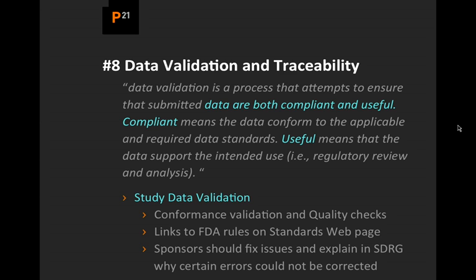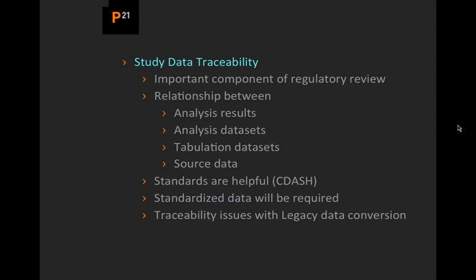Study data validation consists of conformance validation and quality checks. You can find links to FDA business rules on the standards webpage, and OpenCDISC provides you an executable version of these rules. FDA asks sponsors to fix issues and explain in the reviewer's guide why certain errors could not be corrected.